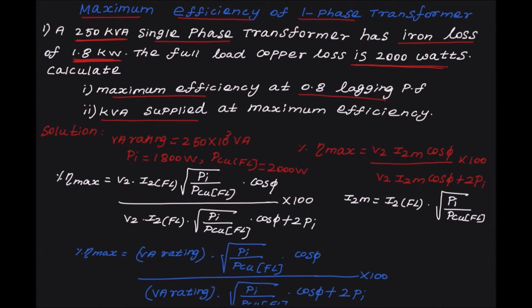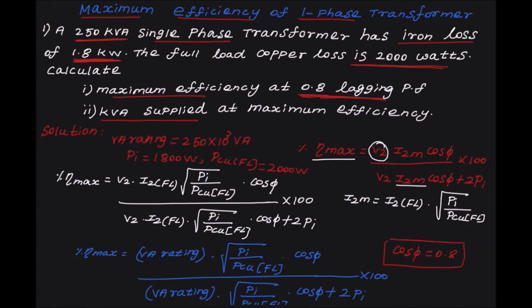The next data is we have to calculate maximum efficiency at 0.8 lagging. So cos phi is given as 0.8. We know the percentage maximum efficiency formula is V2 I2M cos phi divided by V2 I2M cos phi plus 2 Pi, into 100.